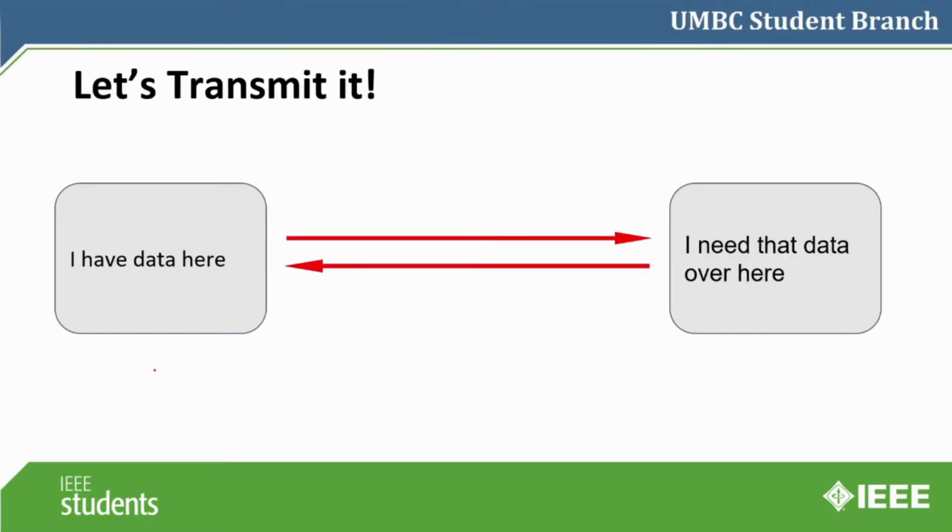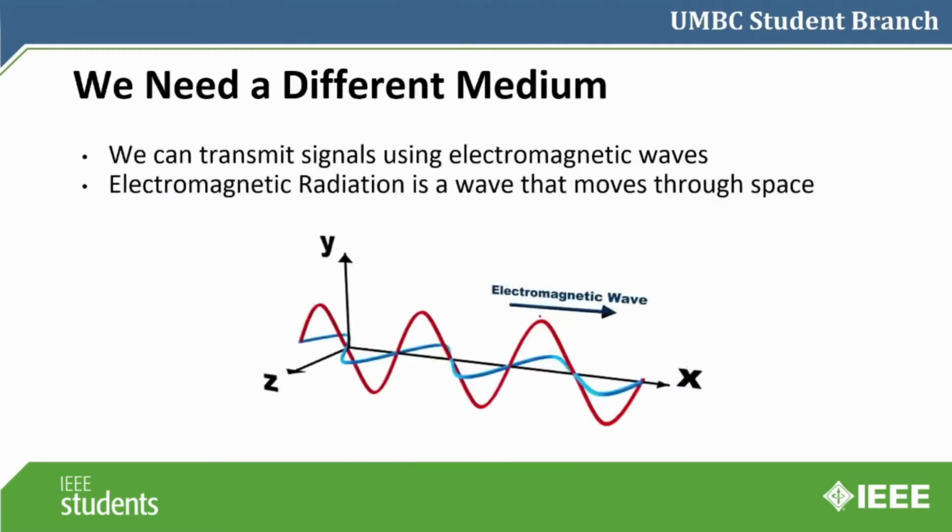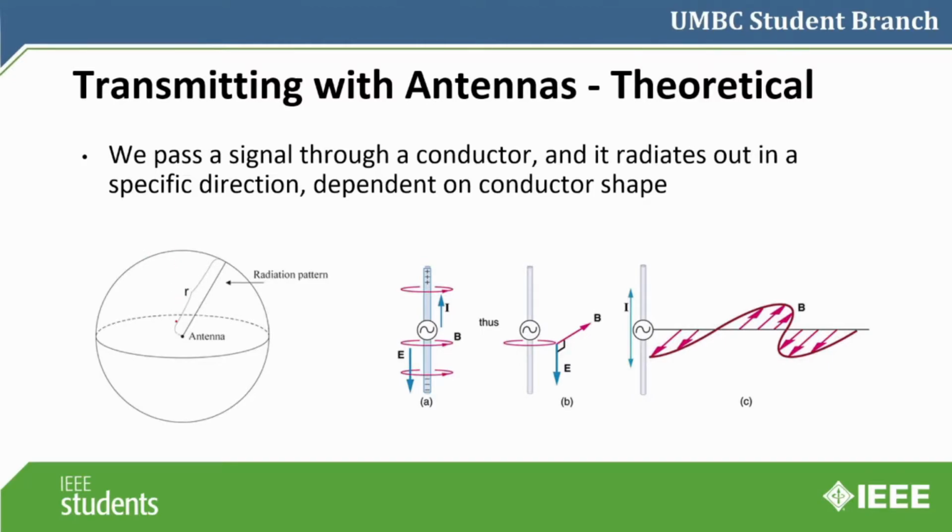But how do we actually transmit the wave? How do we get it from one point to another? And we're going to do that using electromagnetic radiation, because we're talking about wireless communications today. So electromagnetic radiation is the concept that if you have a single point that has an electric charge to it, it is radiating that electric charge.